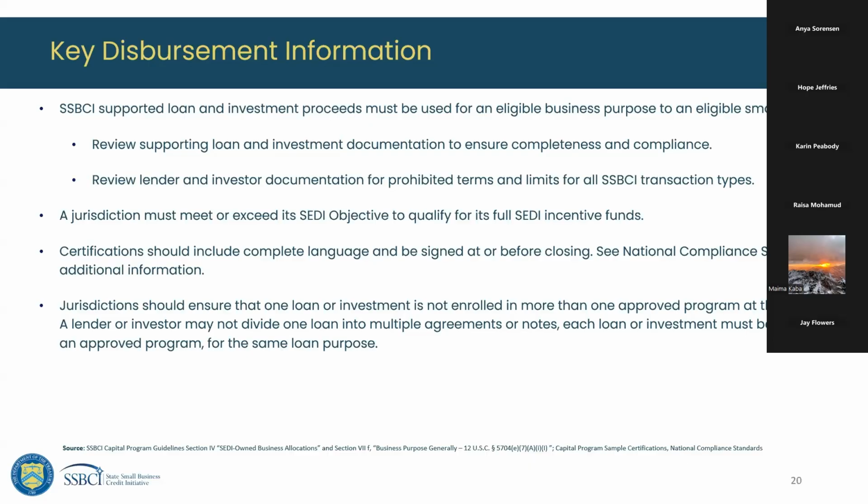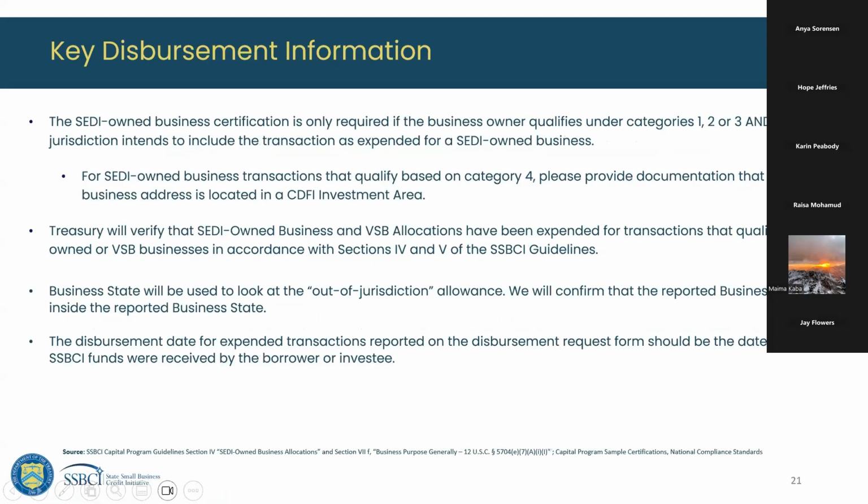For socially and economically disadvantaged individual, or SEDI, transactions, please keep in mind that there are different ways to qualify as SEDI. Please note that the SEDI-owned business certification is only required if the business owner qualifies under the categories 1, 2, or 3 on the cert, and the jurisdiction intends to include the transaction as expended for SEDI.